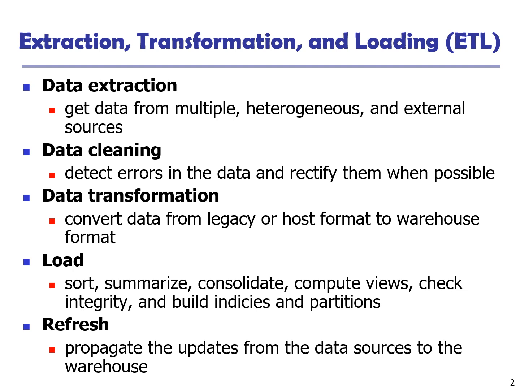Data transformation means that data is converted from its original format, from the legacy or host format, into the data warehouse format. And then loading means that we sort it, we summarize it, we consolidate it, and we create views, we check for data integrity, and we build indices, which is the many indexes meaning, and partitions.